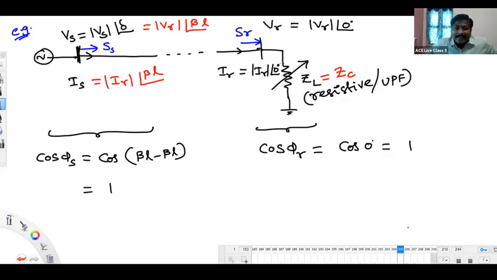So simply, surge impedance loading is nothing but the amount of power consumed by the load for the condition of ZL equals ZC. All of you understood the meaning, right? Else, it is the power supplied by the transmission line, the amount of power flow in the transmission line, loading on the transmission line for the condition of ZL equals ZC.